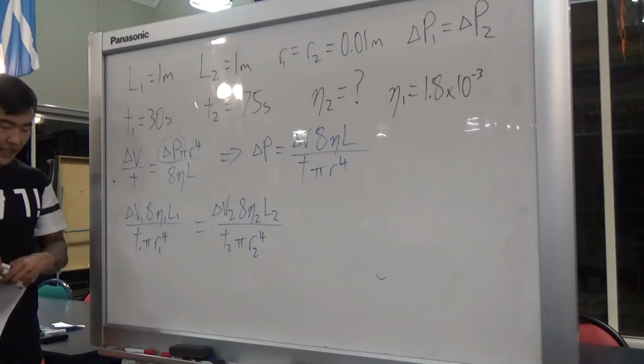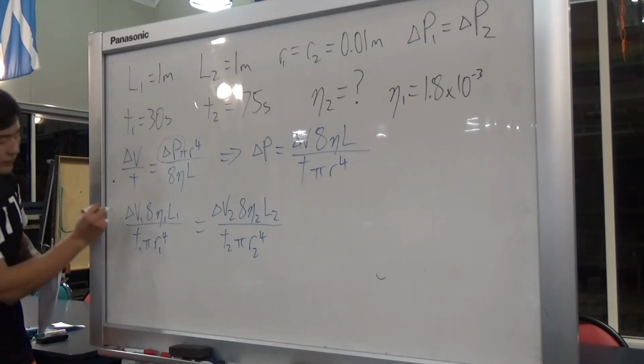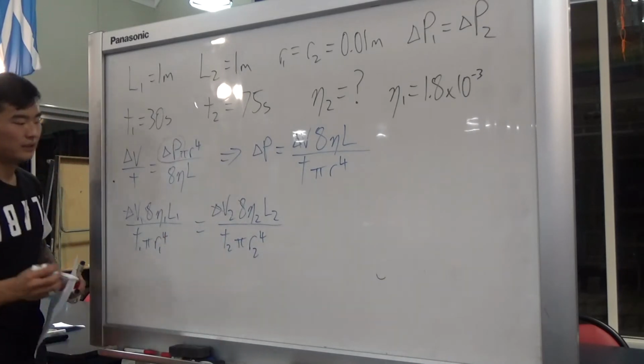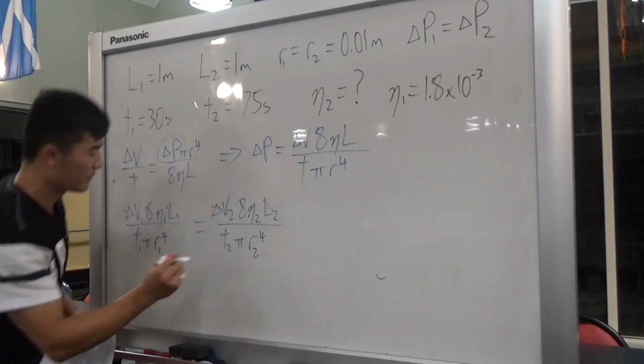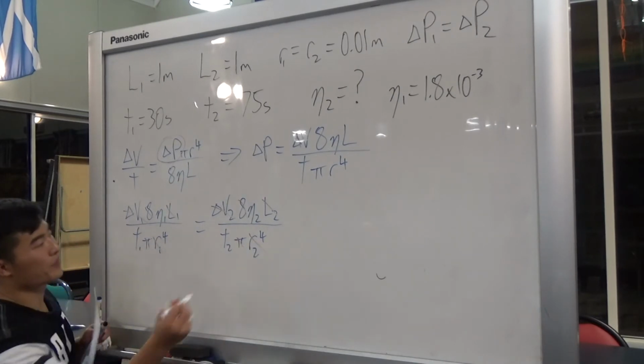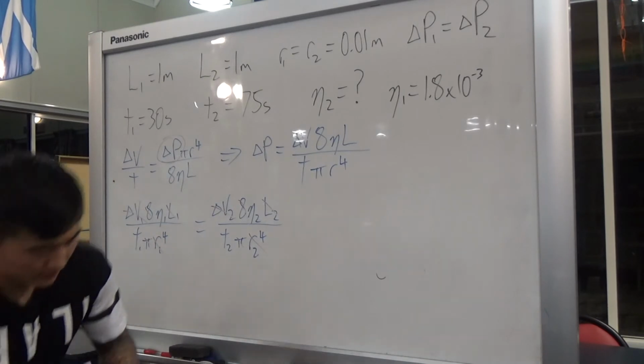Okay, so we're going to cancel out what's staying the same. So delta V1, delta V2, 8. The length is the same. Pi is the same. Radius is the same. So we just got viscosity and the time on both sides.